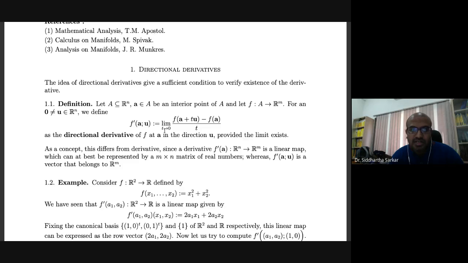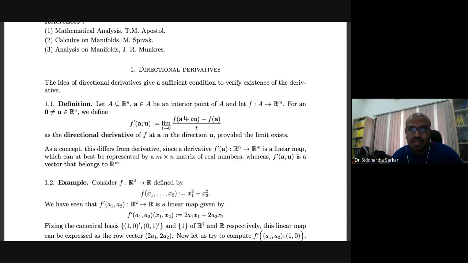Instead of looking at a very complicated derivative, you just take the limit as t tends to 0 of the expression f(a+tu) minus f(a), divided by t, and compute its limit. You have to be slightly cautious here, because the numerator f(a+tu) minus f(a) is a vector in R^m and the denominator is a scalar.